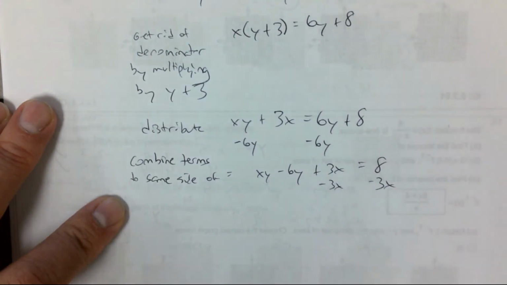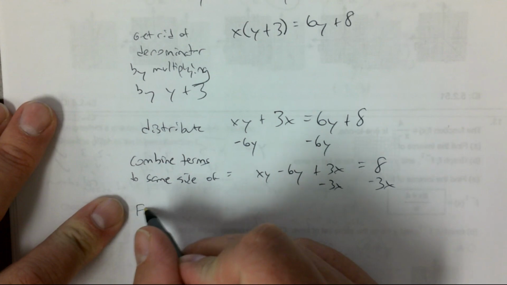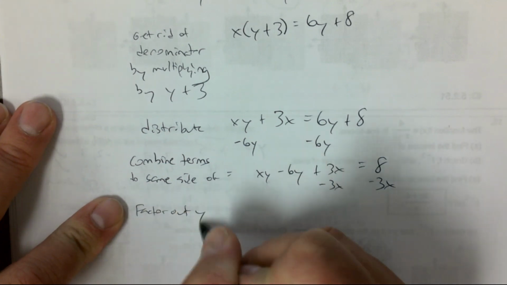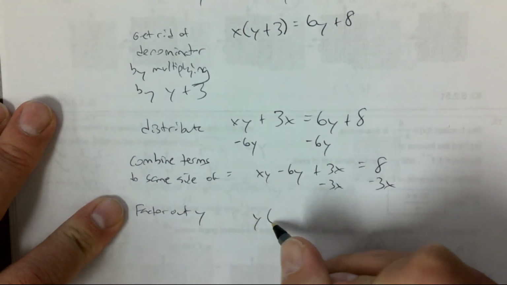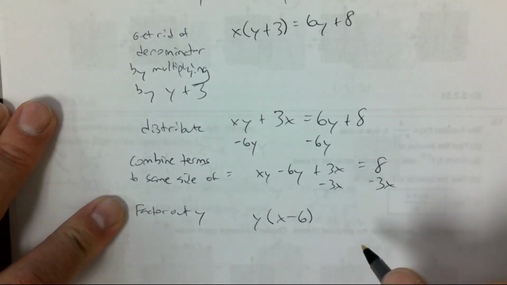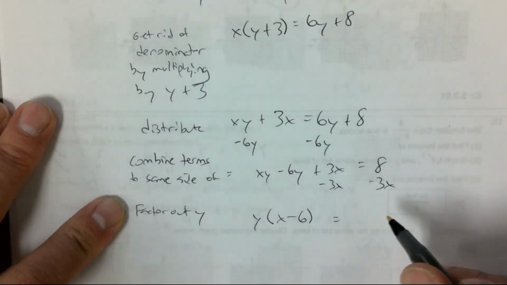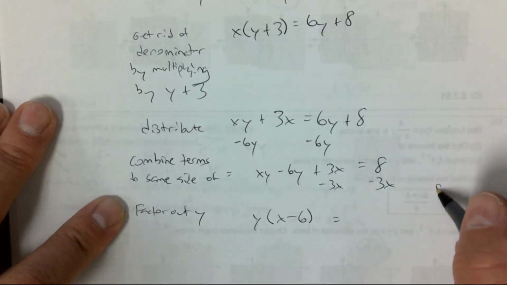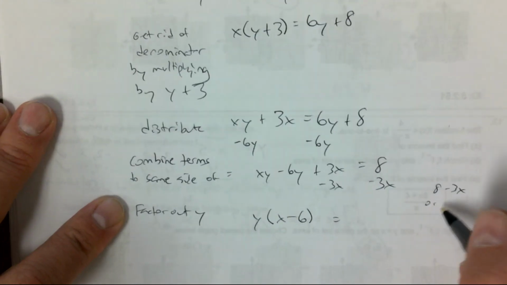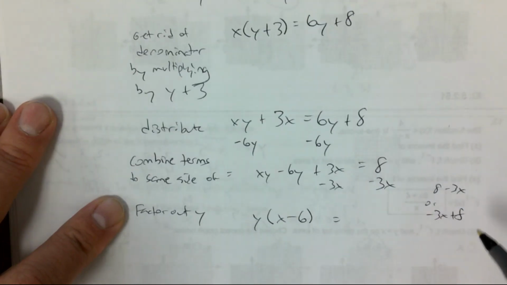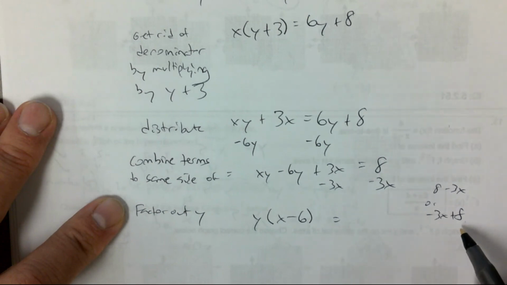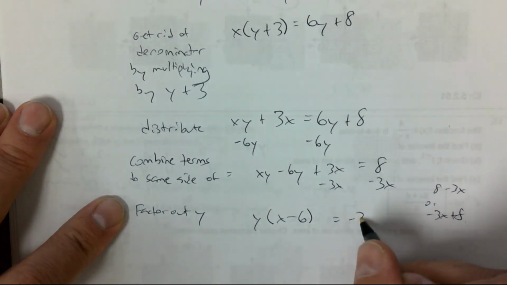And then you want to factor out your y. So this would either be 8 minus 3x, or you could say negative 3x plus 8. Those are equivalent, so I'm going to just put it as negative 3x plus 8.